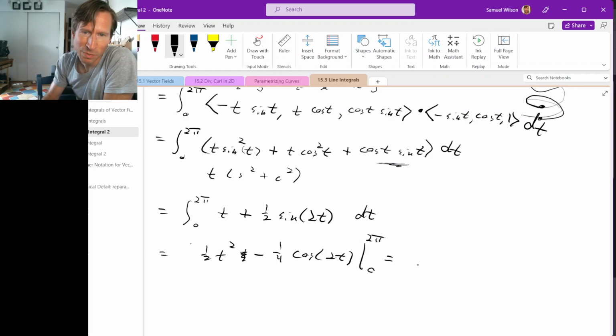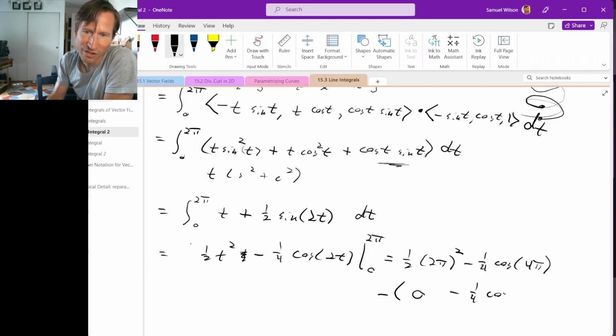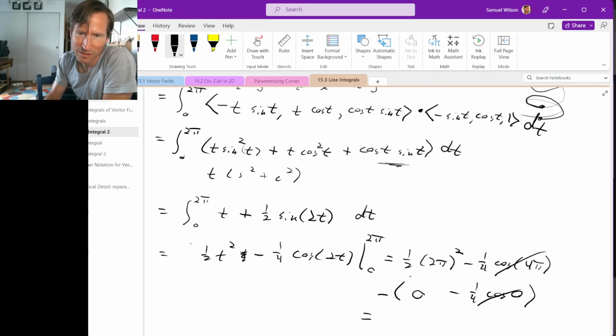So when we plug in 2 pi, we get 1/2 times 2 pi squared minus 1/4 cosine of 4 pi, minus, and then plug in 0, we get 0 minus 1/4 cosine of 0. But then these parts cancel. So we're just left with, let's see, 1/2 times 4 is 2, so 2 pi squared. So 2 pi squared for the whole thing.